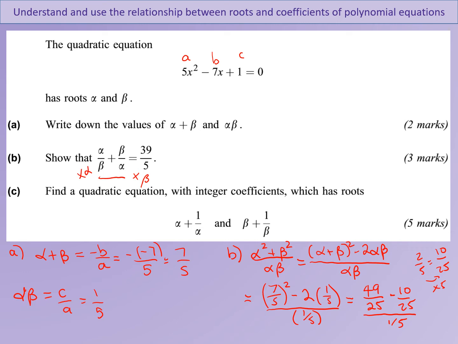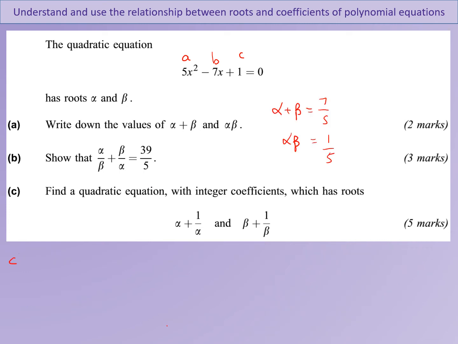So we'd be left with 39 over 25, and then dividing by 1/5 is the same as multiplying by 5. So we need to multiply our fraction here by 5, and that's going to reduce the denominator, and that will make that 39 over 5, just like we need.